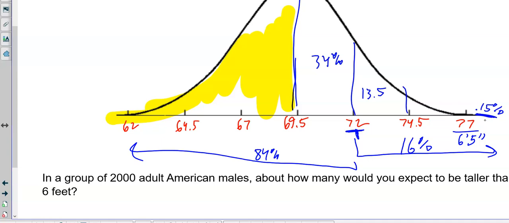On this end, 62 would be 5'2". Again, only 0.15% of males are more than 3 standard deviations below the mean, or smaller than 5'2". It's an interesting way to look at things and categorizes how unusual it is.